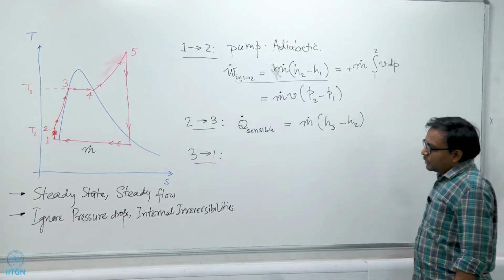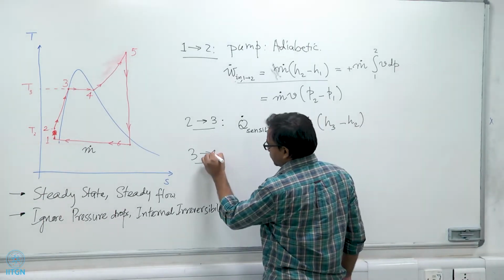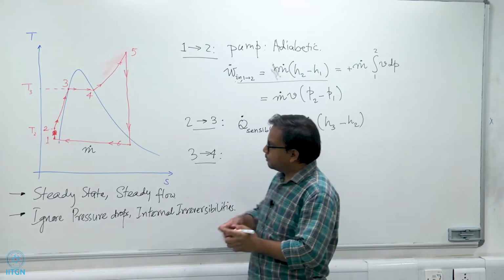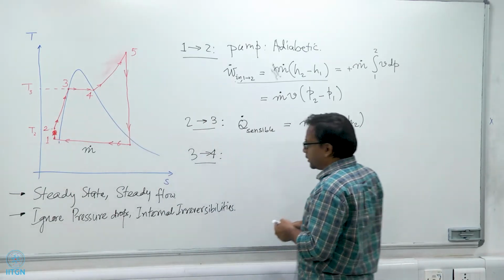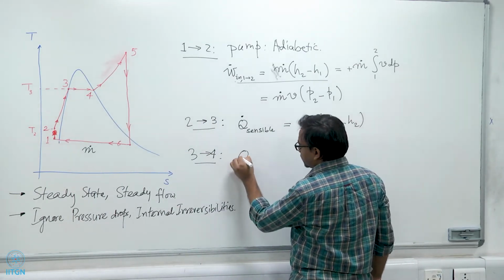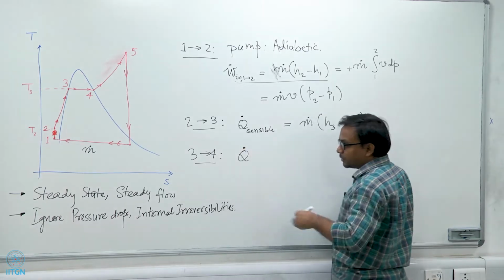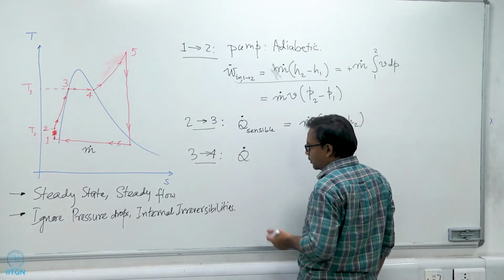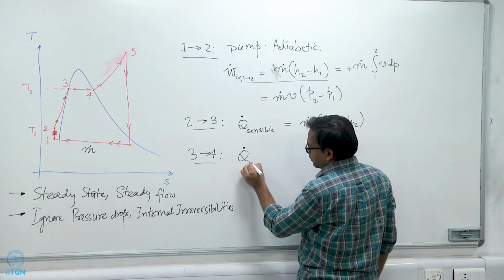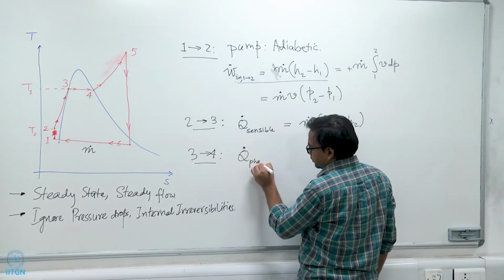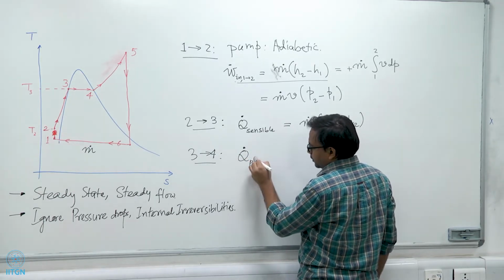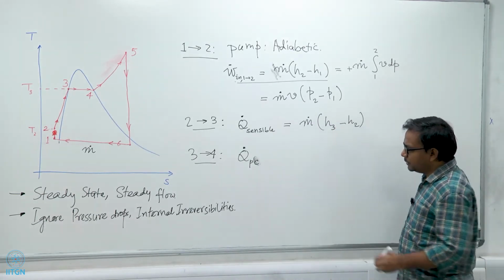Then 3 to 4 again is simple heating, but here the heating is not sensible, it is phase change, or you are supplying latent heat to the water. So, let us denote it with Q dot P c, P c meaning phase change.